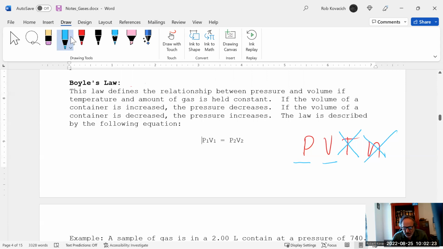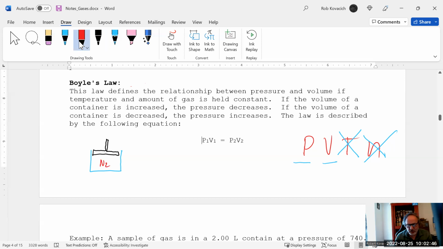So what Boyle's Law discusses is I have, let's say, a container. So we have this container, and this container is airtight. And let's say there's, I don't know, it doesn't really matter, a little bit of nitrogen gas in here.